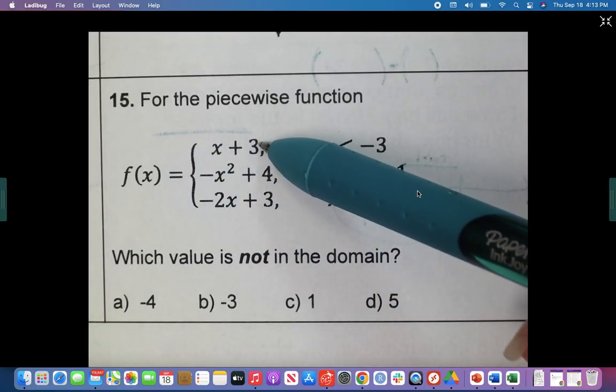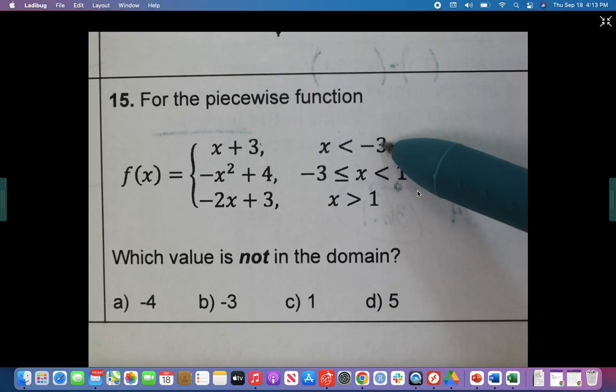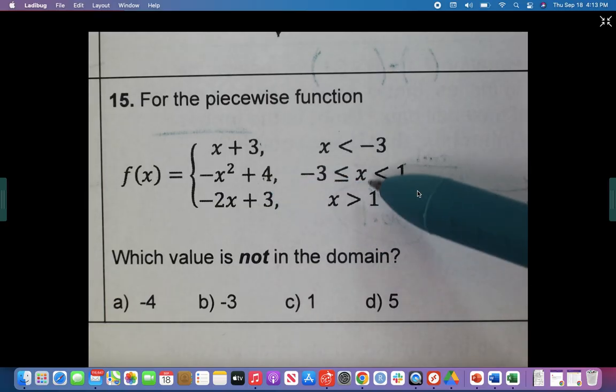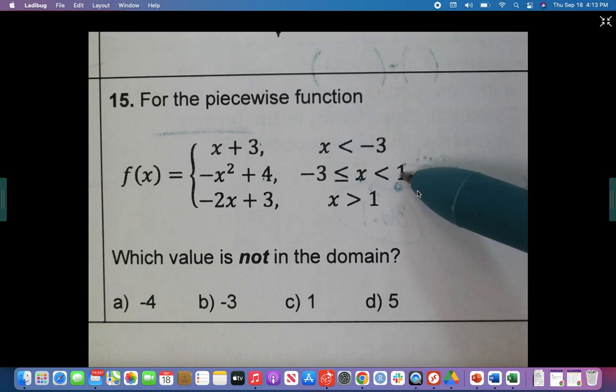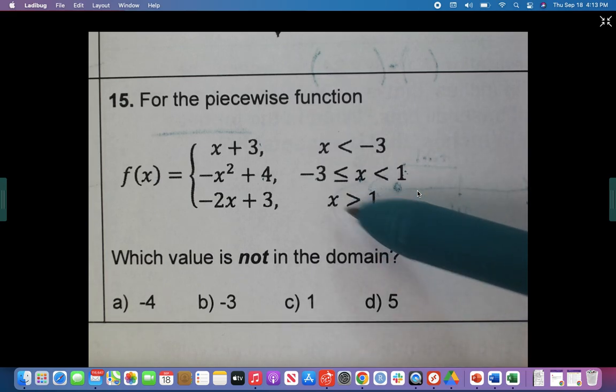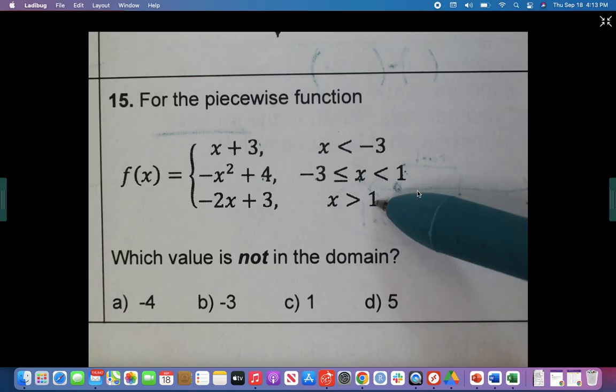So we use the top part if our x value is less than -3, so if our values are to the left of -3. We use the second part if our x value is equal to -3 but less than +1. So it's allowed to equal -3 up to +1, but +1 is not included. And then we use the last piece if our x value is bigger than 1. So again, 1 is not included.